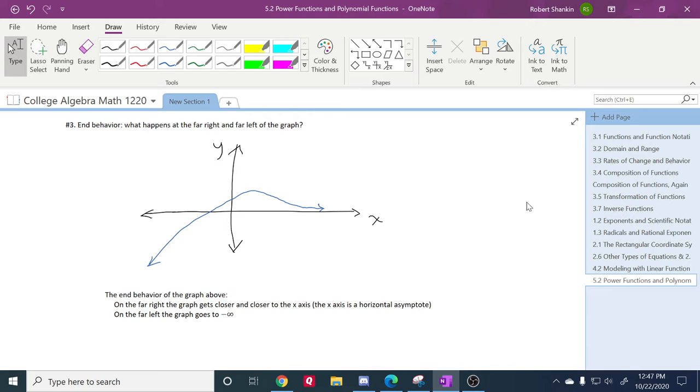Another way of saying that is that the x-axis is a horizontal asymptote. And on the far left, the graph is going to what height? Well, it's going to a height of negative infinity. So we describe what the heights go towards as we go super far to the left or super far to the right. That's what we mean by end behavior.